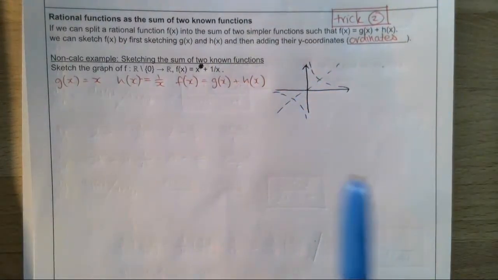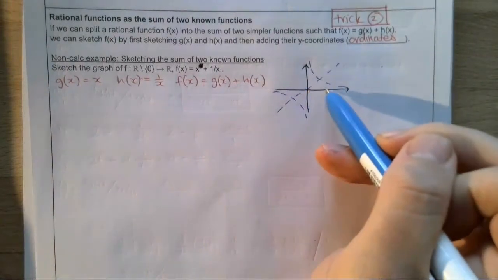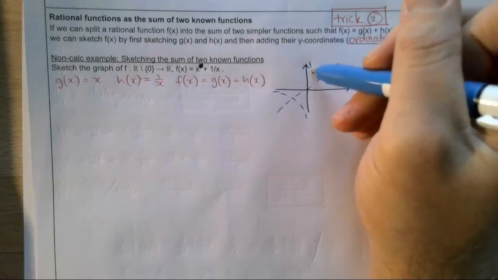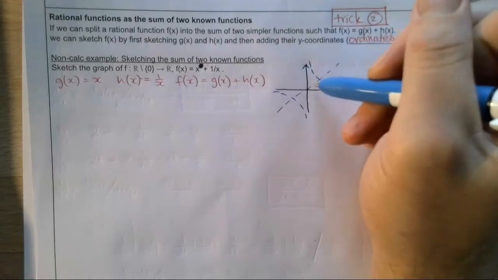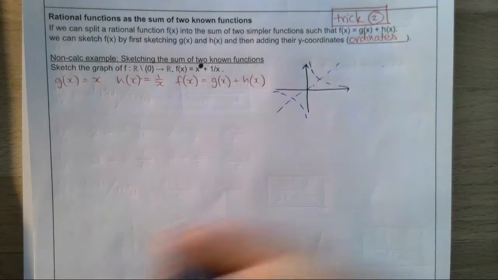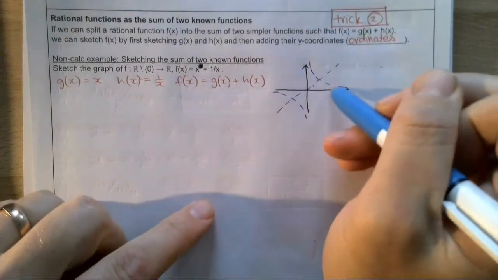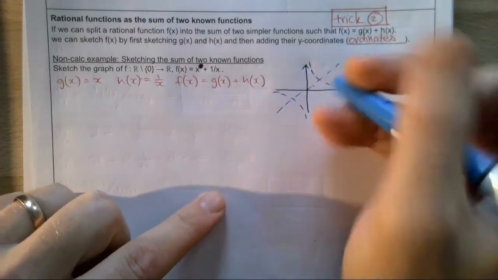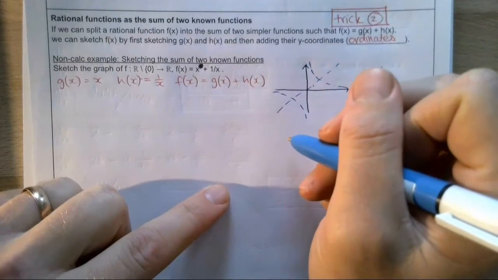And then what we can do is for every value of x, I'm just going to add on the 2 values from g and h. So I can see in the top right quadrant they're both positive, so I'm going to stay up here. And in the bottom left quadrant they're both negative, so I'm going to stay down here. And I can see that there's going to be some symmetry.